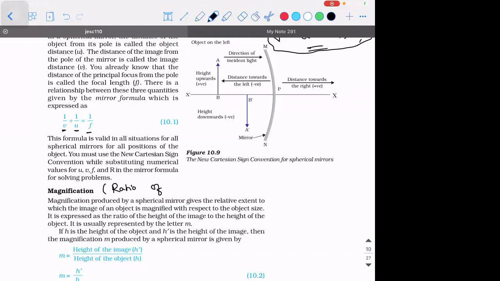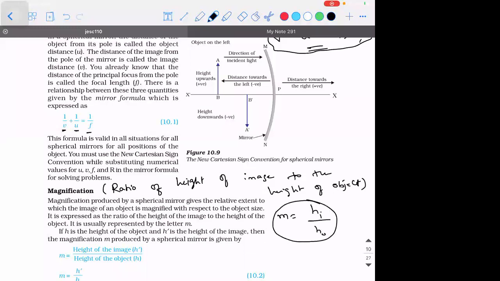If you have to give a proper definition, it is a ratio of the height of the image, because the image is the output, to the height of the object. So magnification is hi divided by h naught, all right?